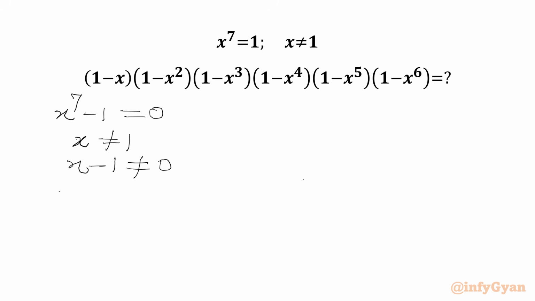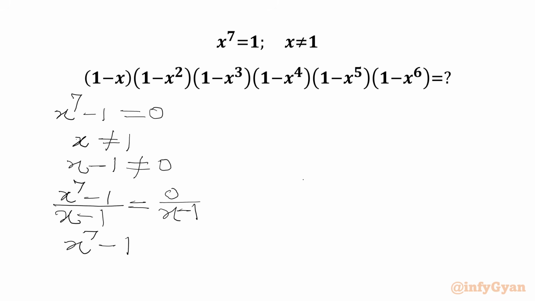Now I can divide our polynomial x power 7 minus 1 by x minus 1 to get the degree 6 polynomial. So we'll write here 0 divided by x minus 1, which will give us x power 7 minus 1 over x minus 1 equal to 0.